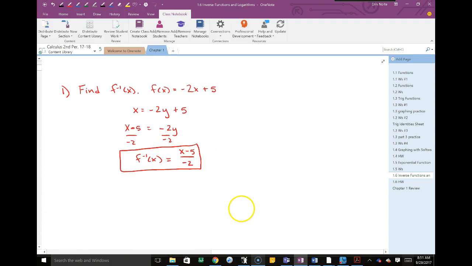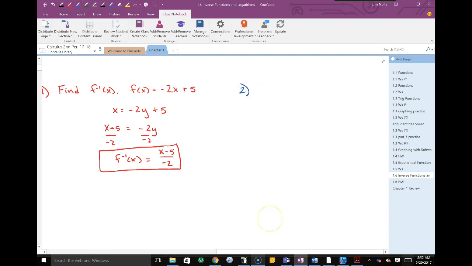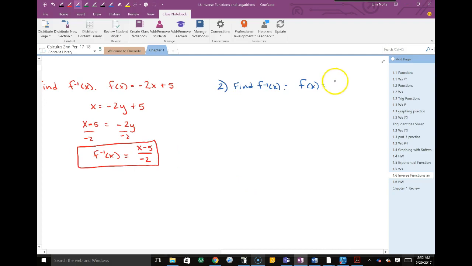Okay, I want to do one more just to make sure we understand this whole idea of a function first and its inverse. So let's do the same thing, different function. Let's do 3x squared minus 2.